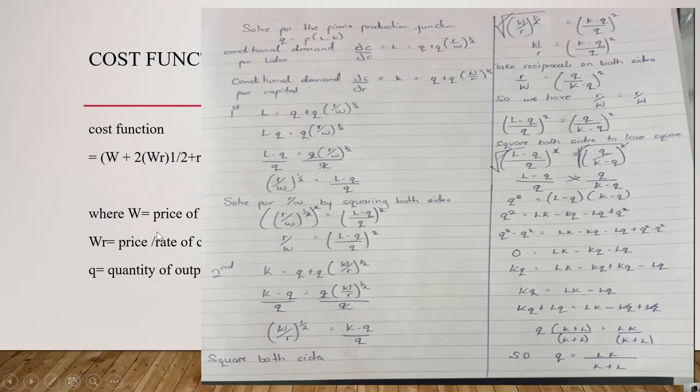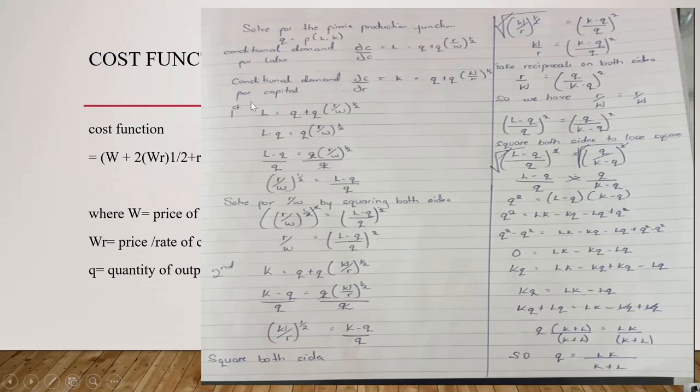We can look at another cost function here. The cost function of W plus 2(WR) squared by a half plus R, where W is the price and R is the price or rate, and Q equals the quantity of output. We will try to do a mathematical expression here, which may look complicated to you, and of course I'll go through it together with you to shed more light on the subject.